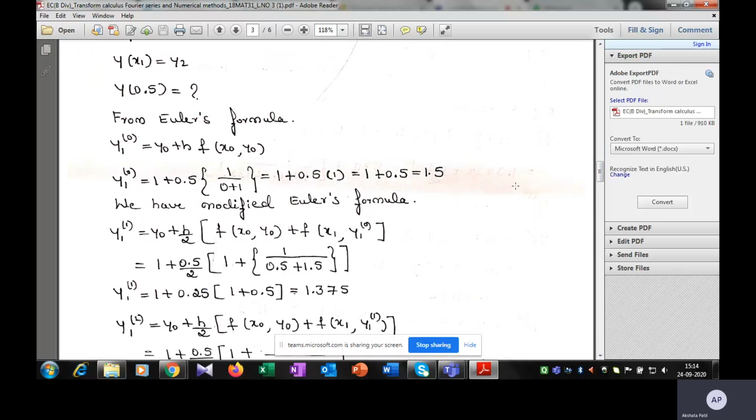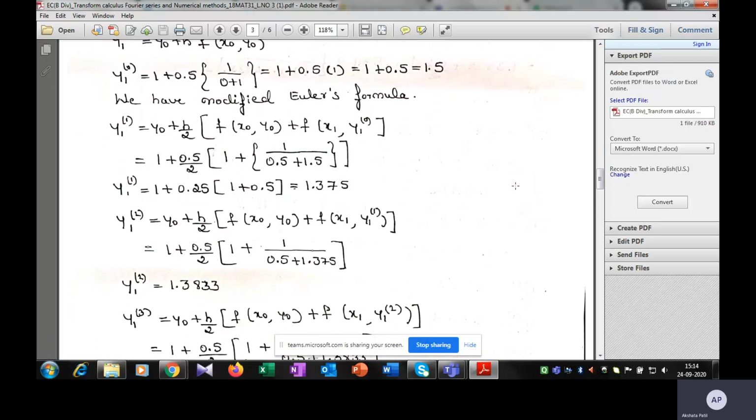So let us apply, or let us use modified Euler's formula. So first approximation. So write it down. First y1 of first approximation formula is y0 plus h by 2 into function of x0 comma y0 plus function of x1 comma y1 of initial approximation. So we know the value of y0, h value, and function of x0 comma y0 value also.